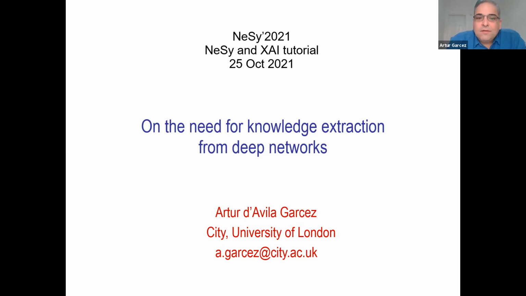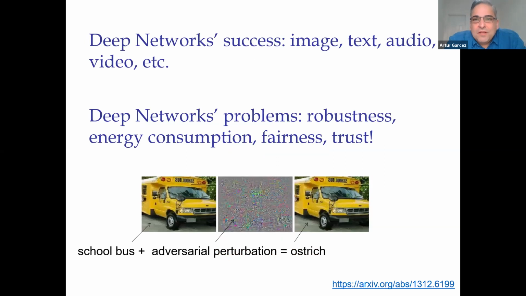So my part of the talk is to try and convince everybody that we need knowledge extraction. And I don't need to tell you about all the success of deep networks, and you must have seen the picture at the bottom with the school bus.